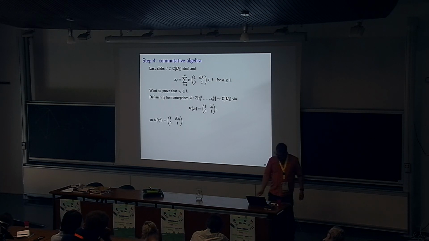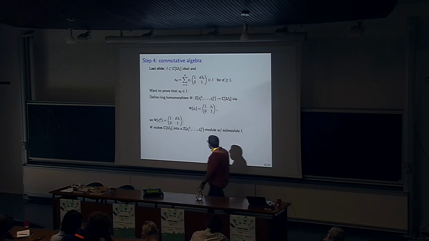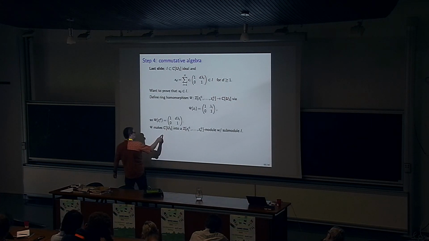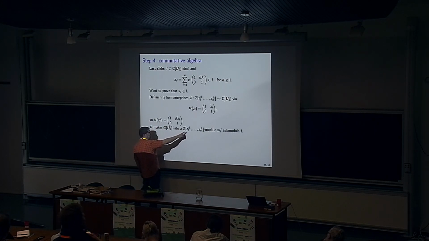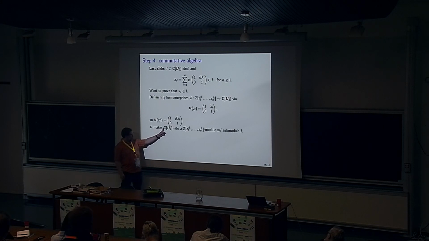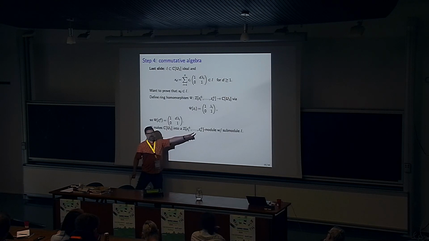So I have a ring homomorphism like this. I've got my ideal I inside C lambda U0. Because I have a ring homomorphism, in particular that makes the group ring into a module over this ring of Laurent polynomials, which is a much nicer ring. This is the sort of ring you study in commutative algebra, right?